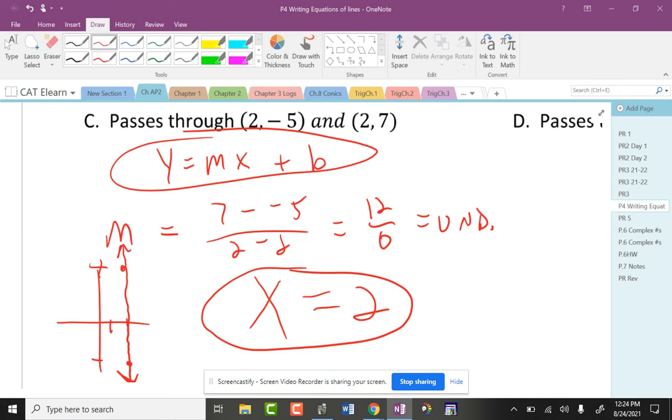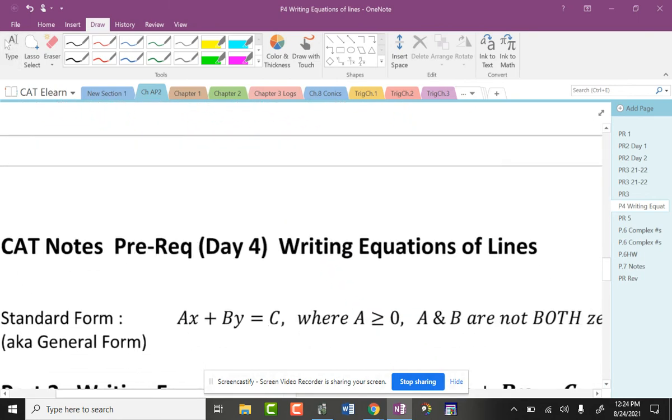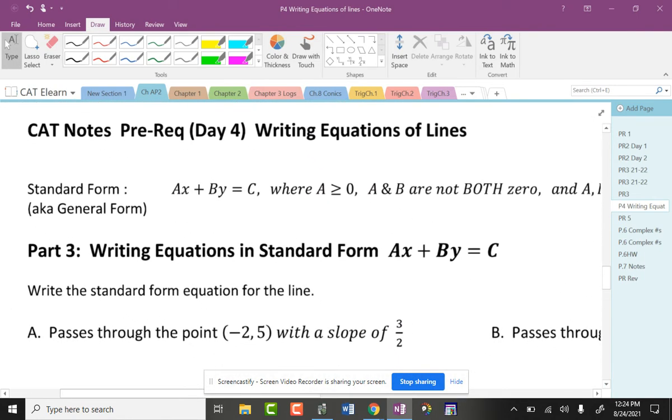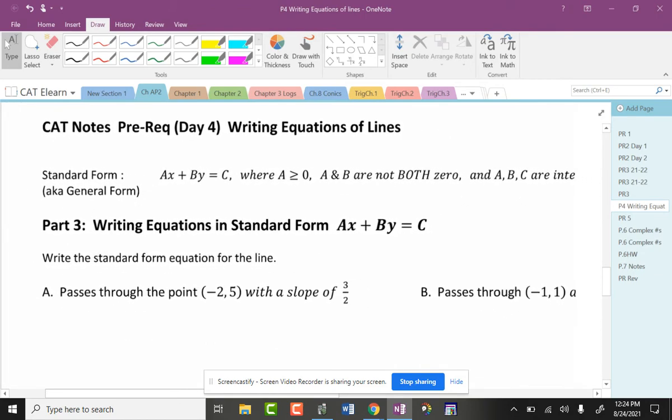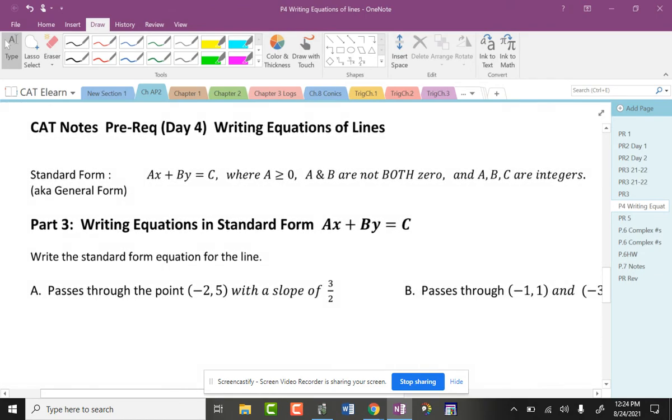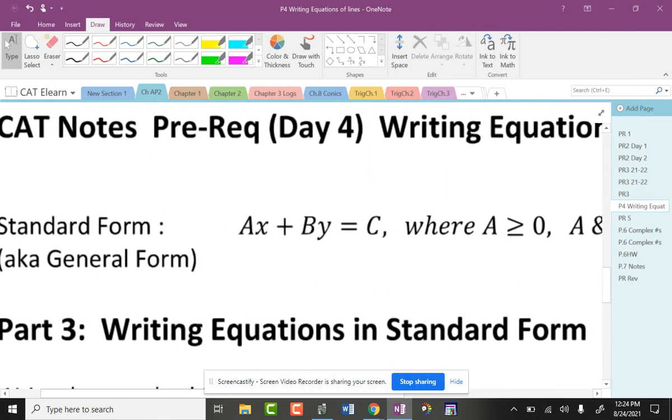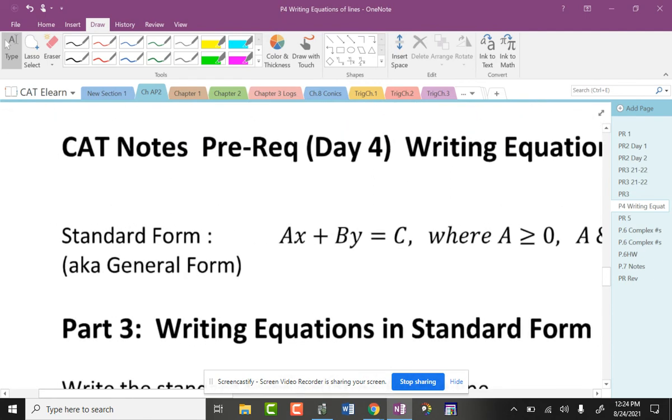All right, then you're not going to like this one too much. So definitely get this written down. I'll zoom in on this, then I'll slide over. This is called standard form. And then all the way over there, it just says that A, B, and C must be integers.